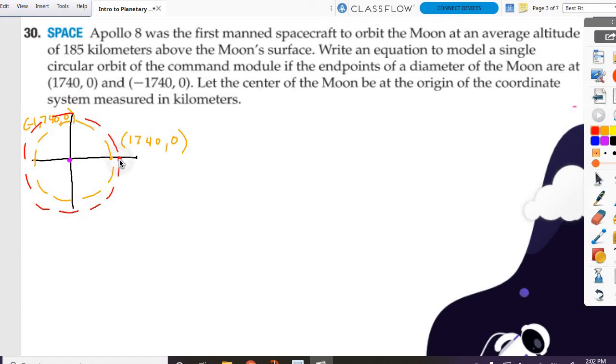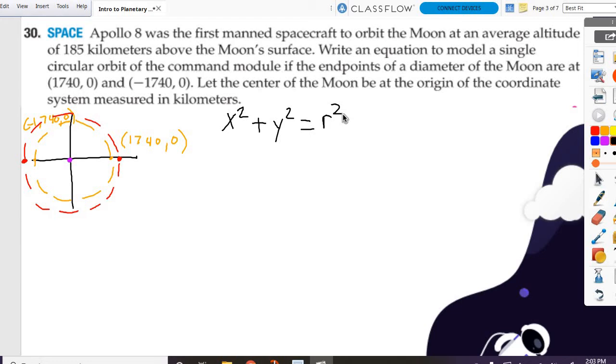Now the key to writing this equation is going to be to find our radius. So remember, for our circle equation, like we just said, it's going to be (x minus h) quantity squared, but because my center is at 0, my h is 0, and then it's going to be (y minus k) quantity squared, but again, we're at 0, so we just have x squared plus y squared equals r squared.